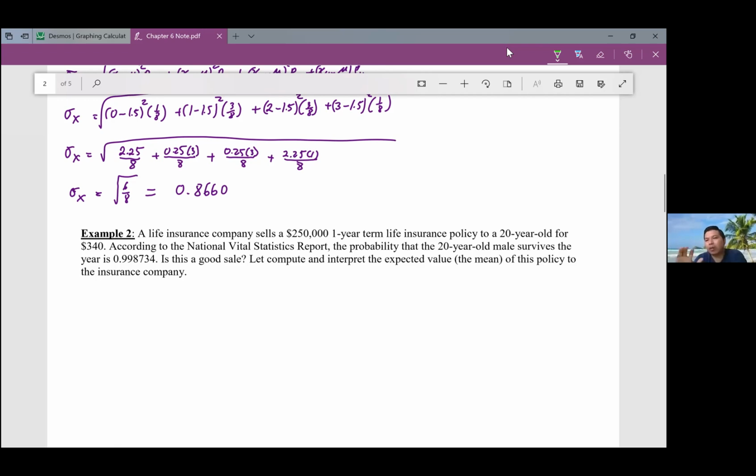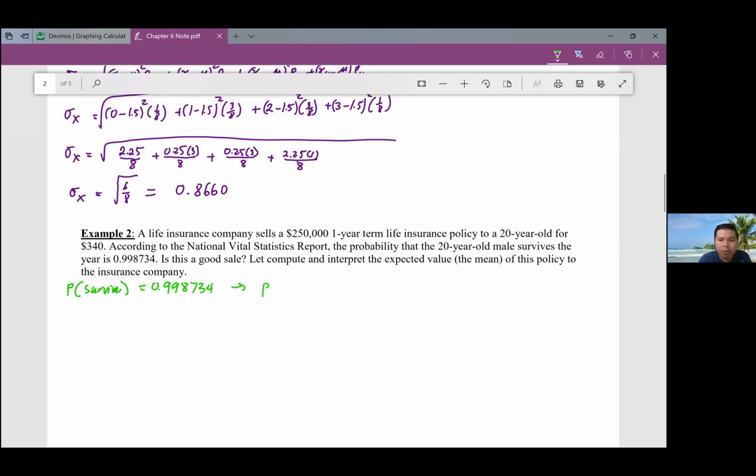So here we will look at how they make money. It's a very simple one, and that's the reason why they can construct $340 for the year. Let me show you how it works in general. The probability of survival is 0.9988734.